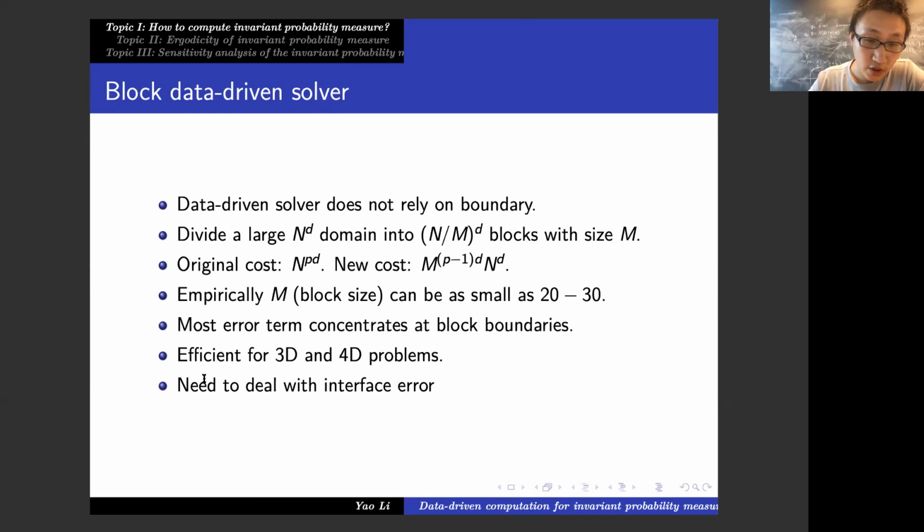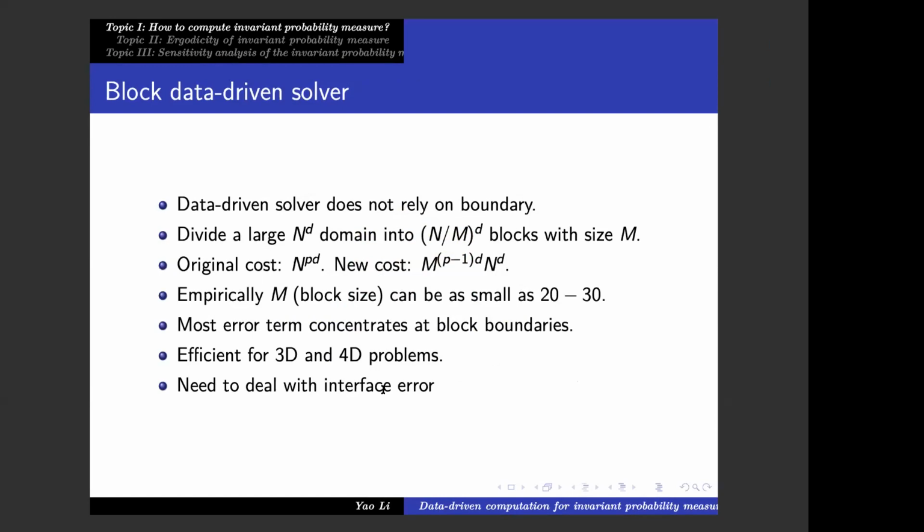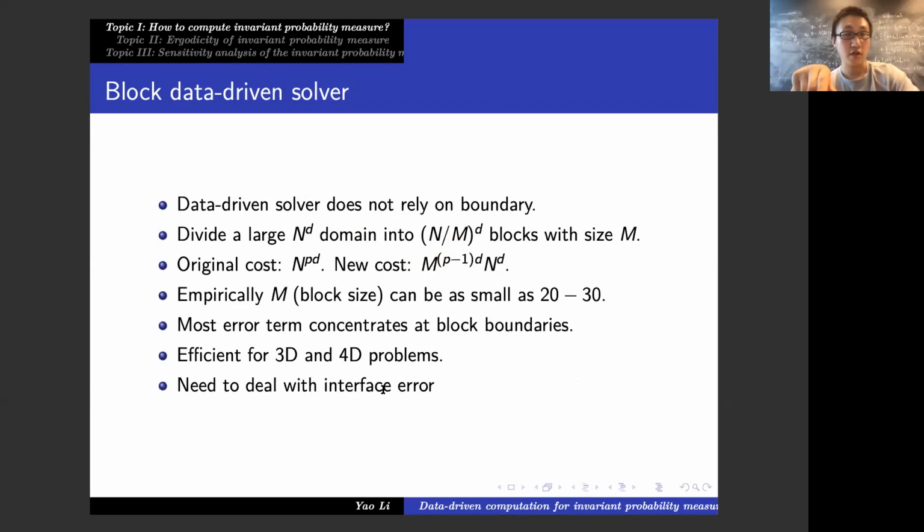So how do we deal with the interface error? There are some algorithms for that actually. I will not dig into the detail because there is a lot of it. But the basic idea is that the boundary grids accumulate most of the error terms.